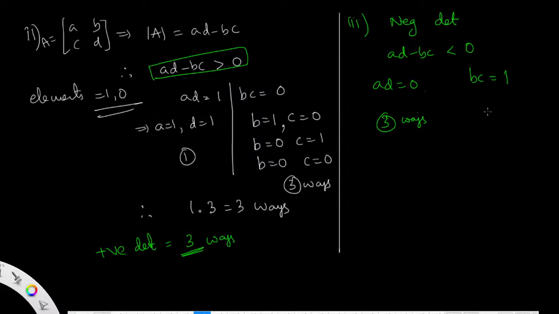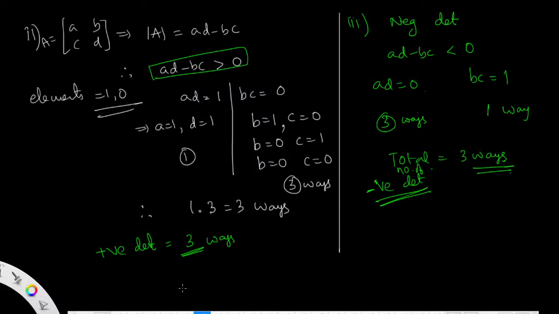And BC equal to 1 can be done in only one way: B equal to 1 and C equal to 1. So the total number of ways equal to 3 ways for negative determinant.